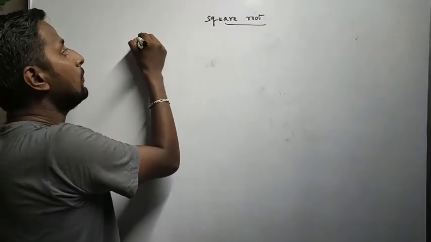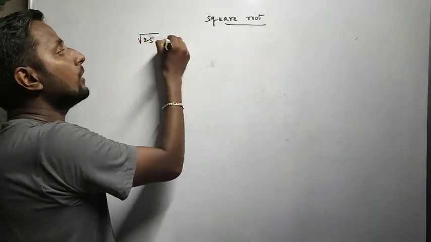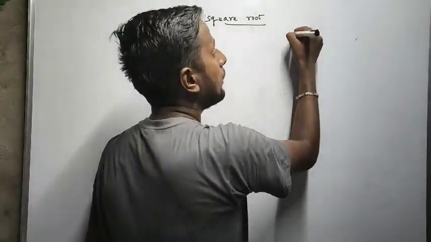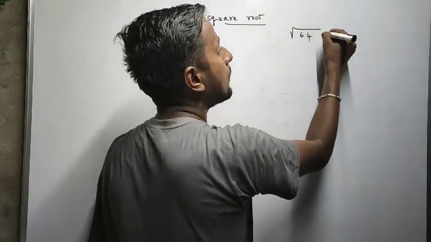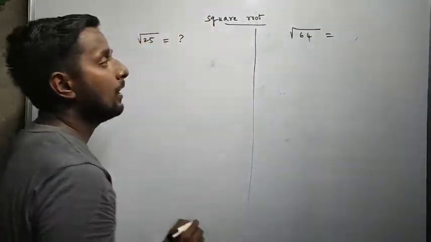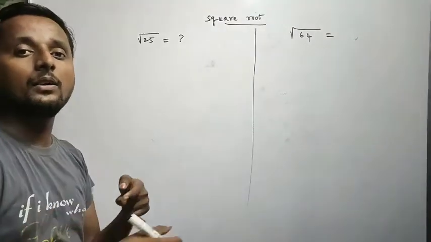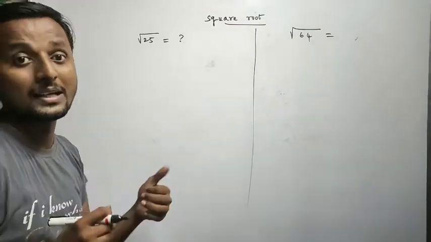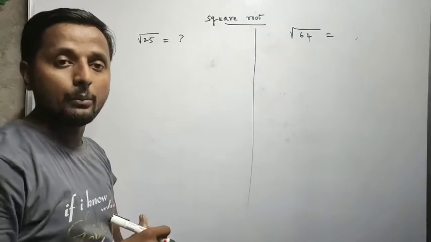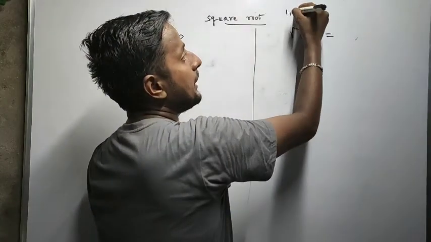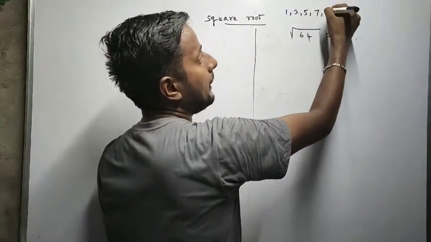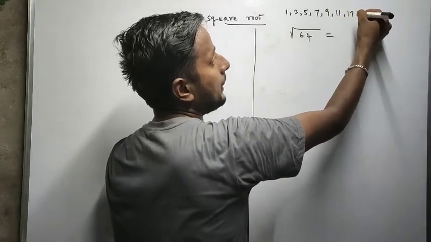Now we'll find the value of square root of 25, and then the value of square root of 64. Okay, what we'll do is from 25 we'll subtract successive odd numbers one by one. First odd number 1, then 3, 5, 7, 9, 11, 13, 15, and so on.